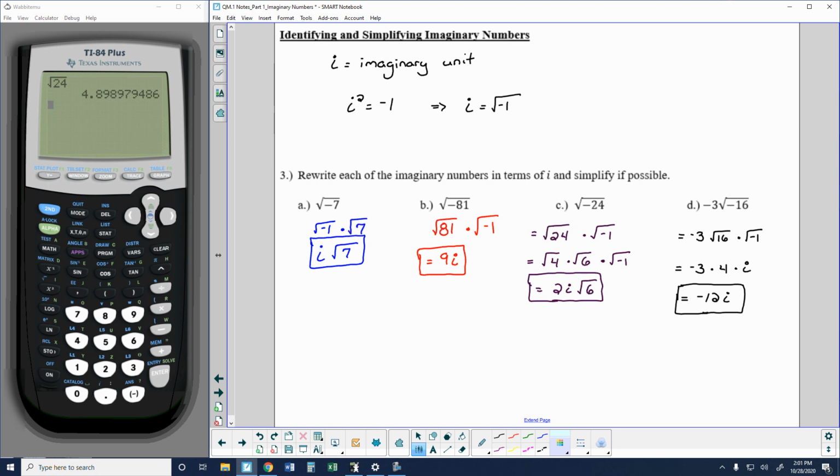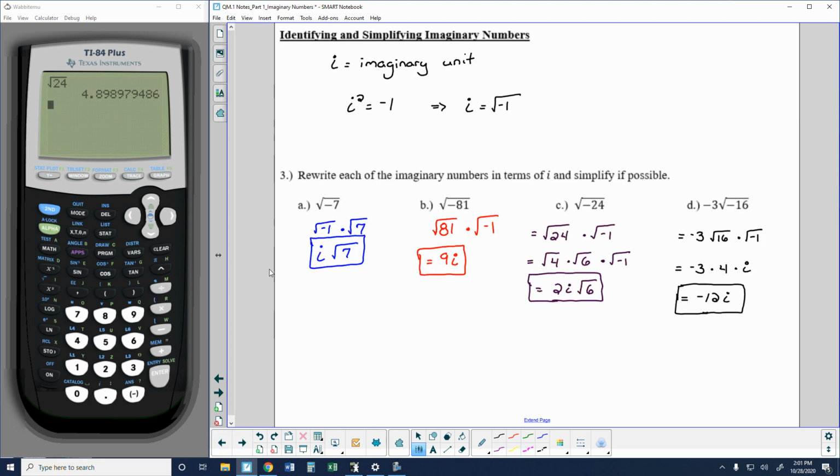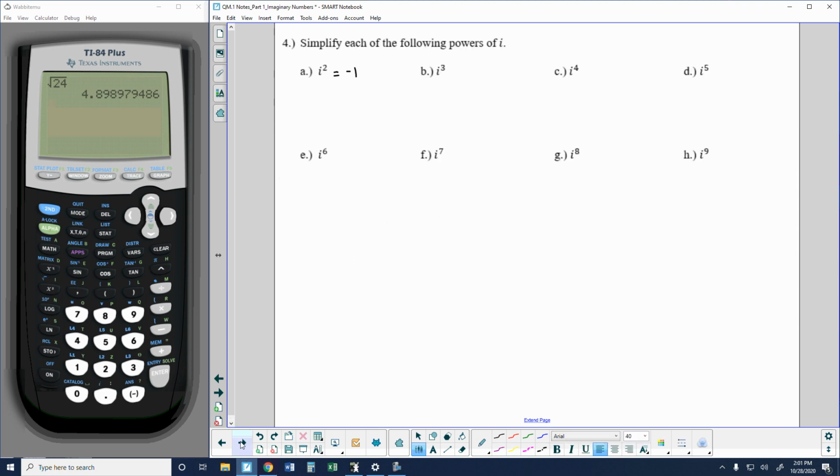Now, powers of i are very important. So in problem number 4, it says simplify each of the powers of i. We already said what i squared was. i squared is -1. i is the root of -1. Well, then what would i cubed be?